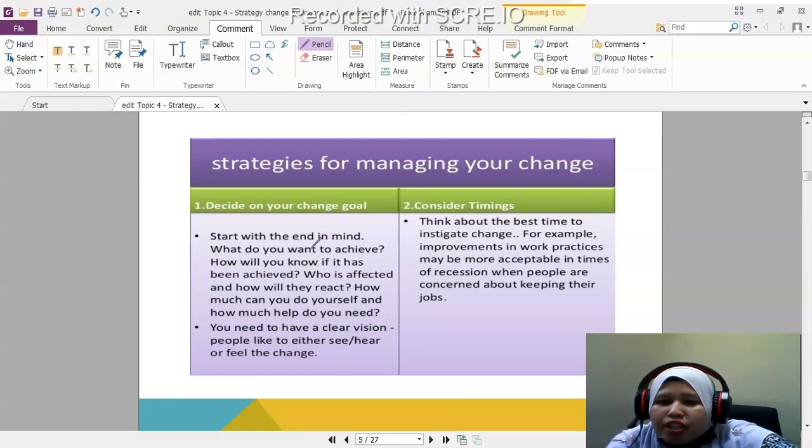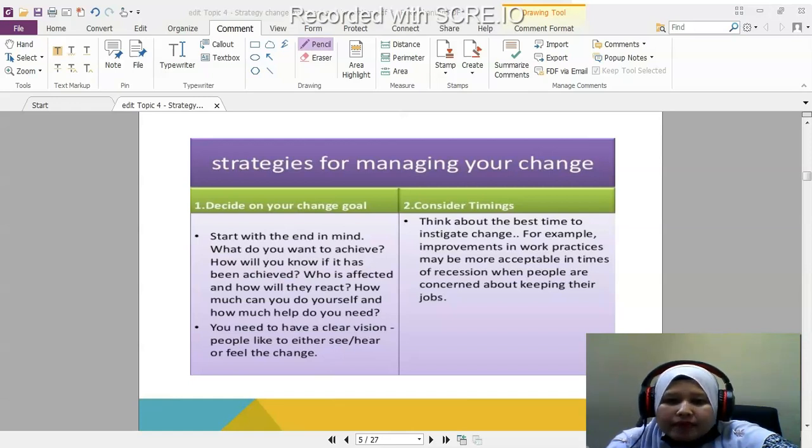What do you want to achieve? How will you know if this has been achieved? Who is affected, and how will they react? How much can you do yourself and how much help do you need? You need to have a clear vision. People like to either see, hear, or feel the change. That is start with the end in mind.